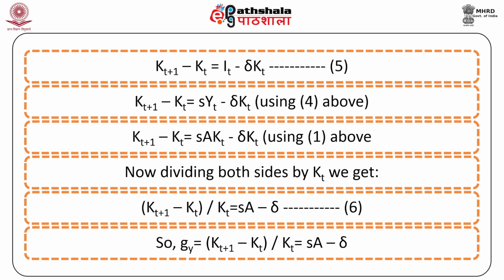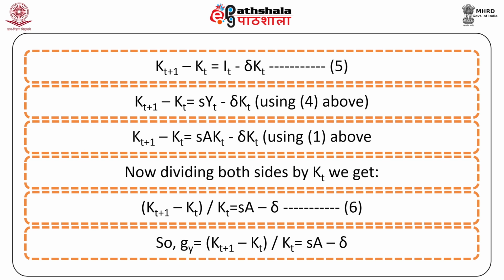We can also write 5 as follows: Kt+1 - Kt = sYt - delta Kt using equation 4 above, or Kt+1 - Kt = sAKt - delta Kt using 1 above. Now, dividing both sides by Kt, we get (Kt+1 - Kt)/Kt = sA - delta, which is equation 6.